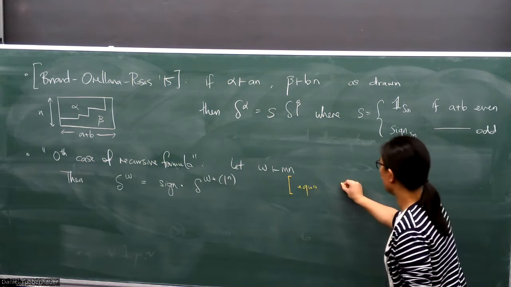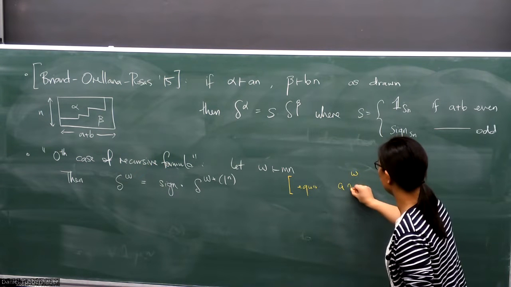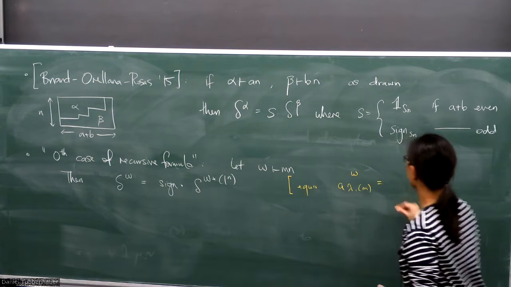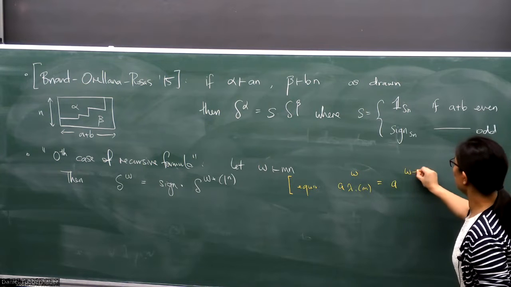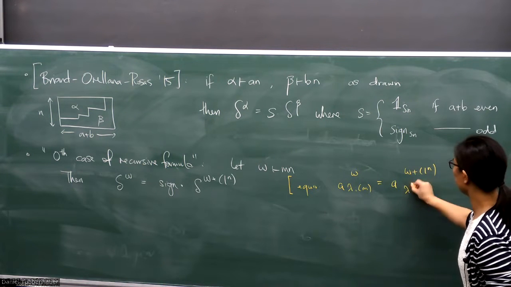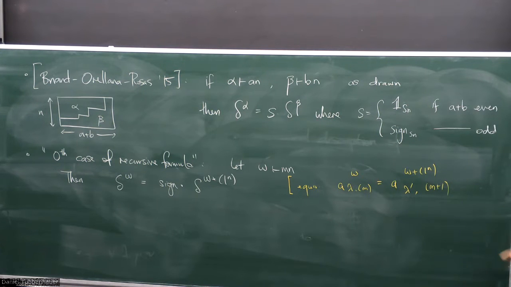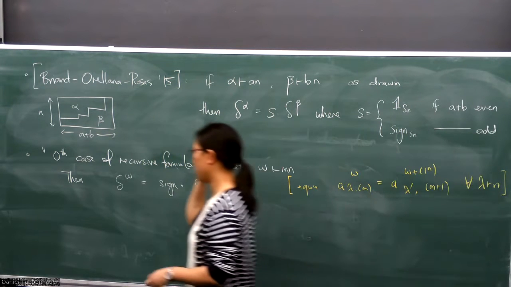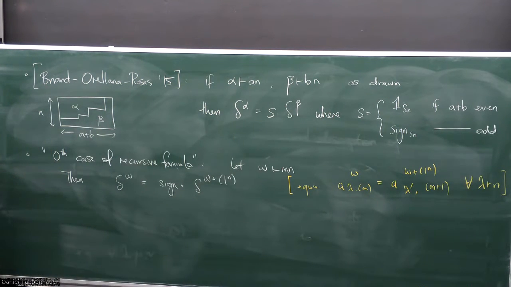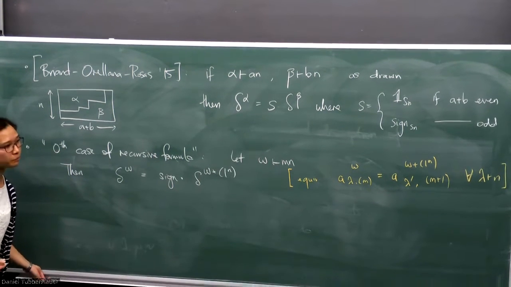Equivalently, this is saying that a omega lambda n is equal to a omega plus 1 to the n lambda prime, n plus 1. Lambda prime is the conjugate of lambda, of course, and this holds for all partitions lambda of n. So just to wrap up, the deflations are a nice way to say that for all lambda. But we can actually prove this. It's really nice and short.